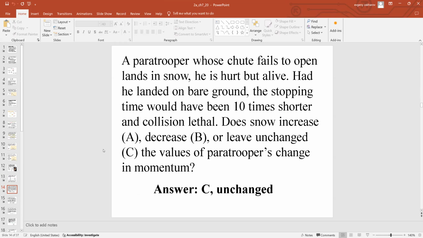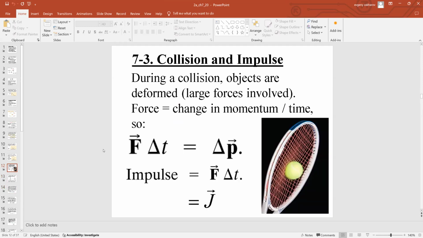Okay, question for you. We have a paratrooper and his parachute never opens. He lands in snow. He's hurt but alive. If he would have landed on the bare ground, then the time would have been 10 times shorter. Any collision, of course, would be lethal. So what's going on with the snow in terms of change in momentum? Well, for change in momentum, it's the force times the time.